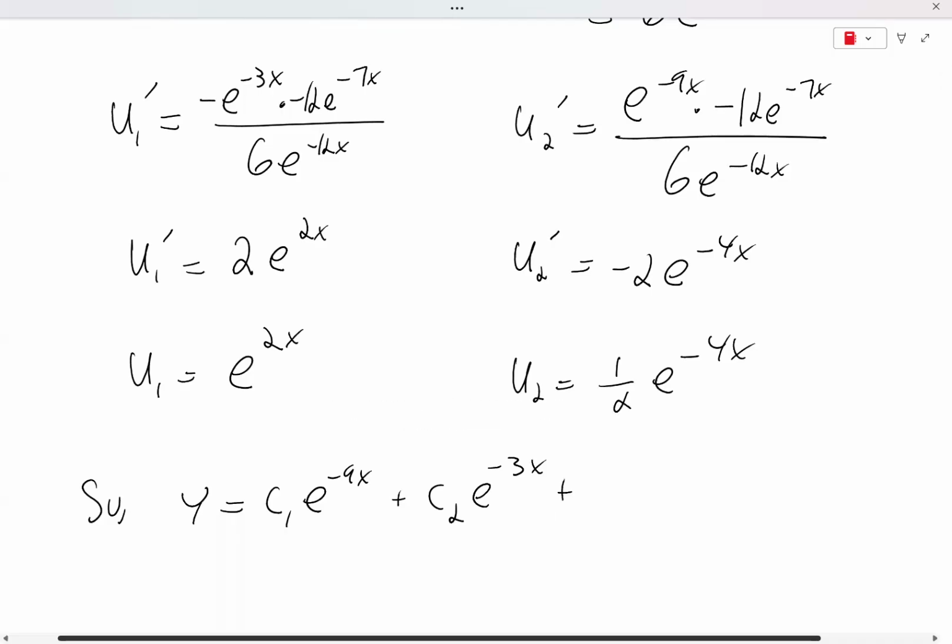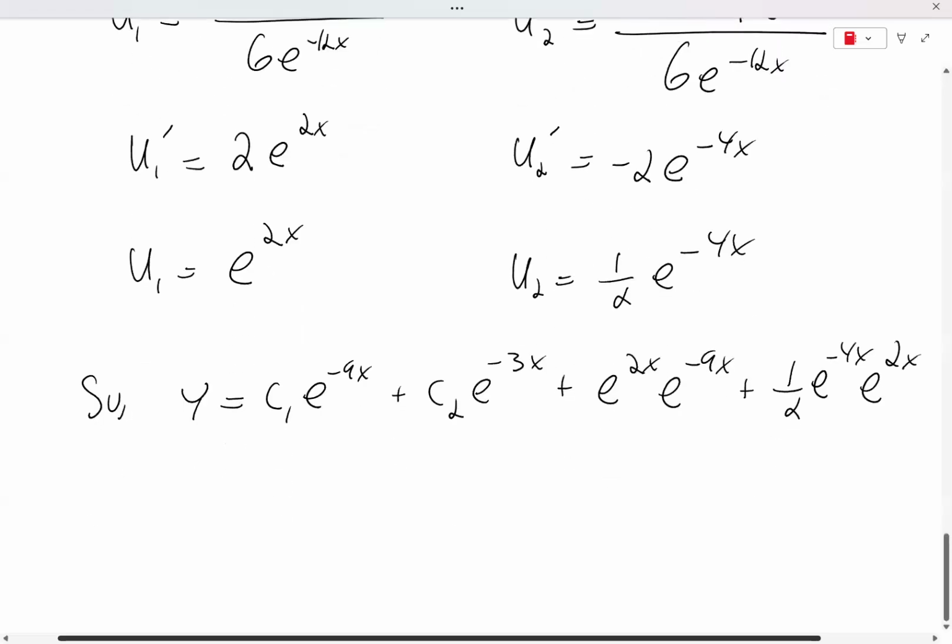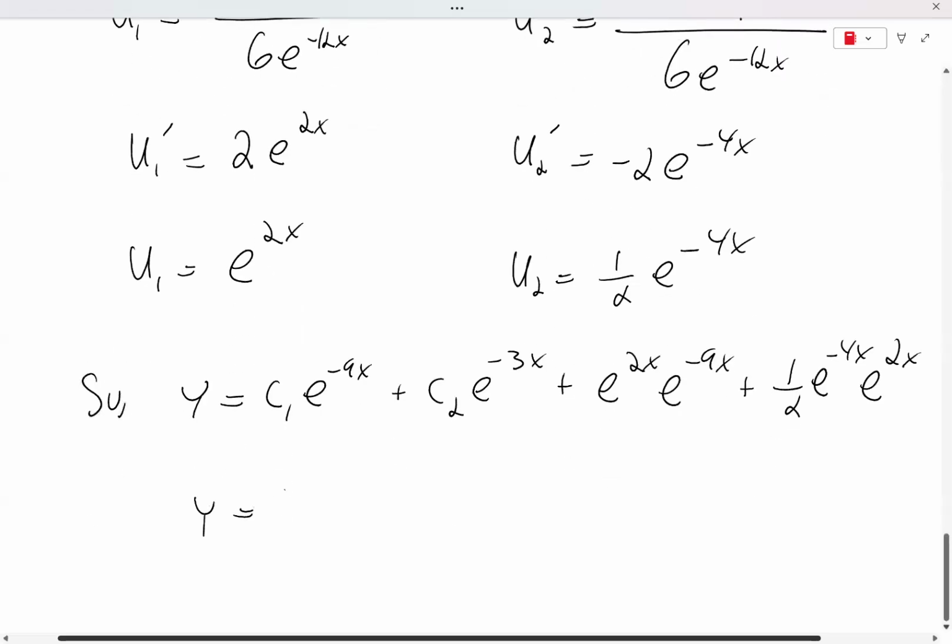So now it's e to the 2x, e to the negative 9x, okay, plus 1/2 e to the negative 4x, e to the 2x. Like this. And then you can clean this up here a little bit. So c sub 1, e to the negative 9x, plus c sub 2, e to the negative 3x. And then that would be e to the negative 7x.